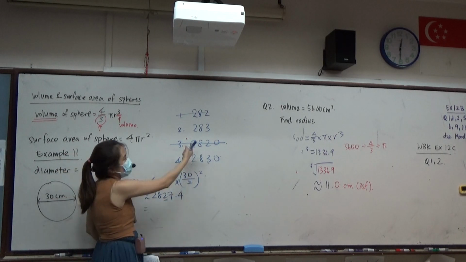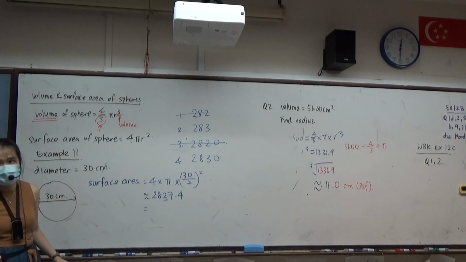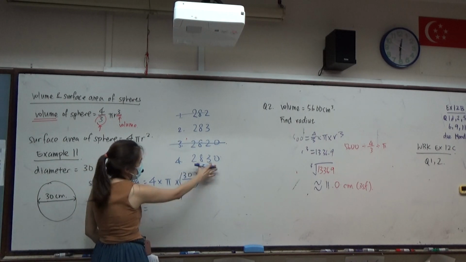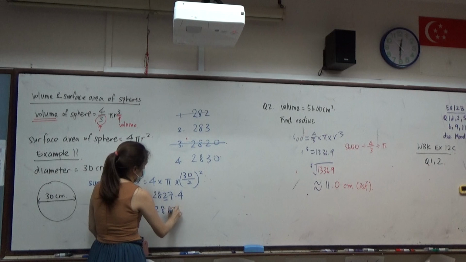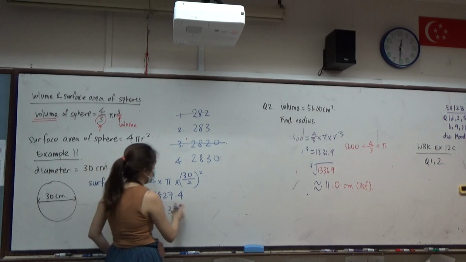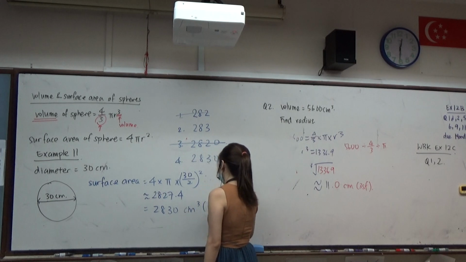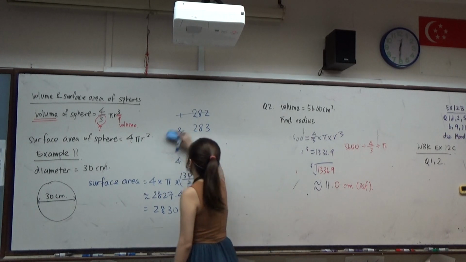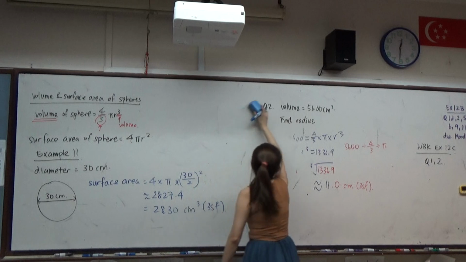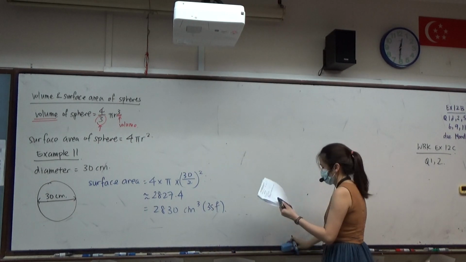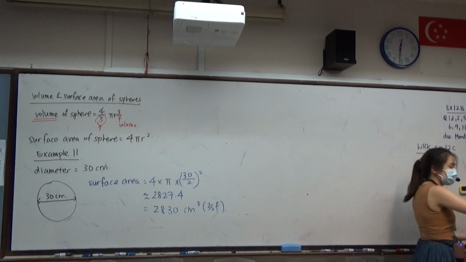We cannot round off when it becomes 200 something. You understand? So we need to maintain the value of the number by including the 0. So we have to be careful about that. Okay? Any questions?